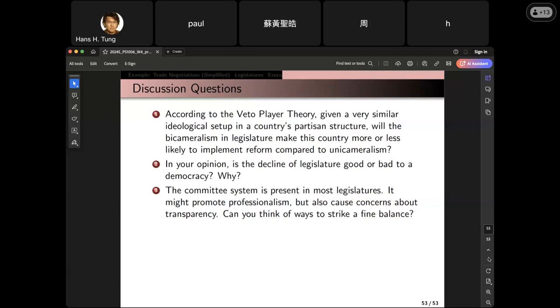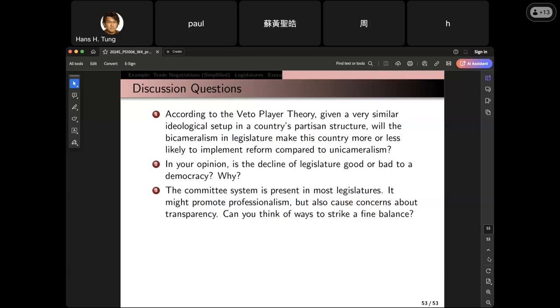So the committee system is present in most legislatures. It might promote professionalism, but might also cause concerns about transparency. So can you think of ways to strike a fine balance between professionalism and transparency?